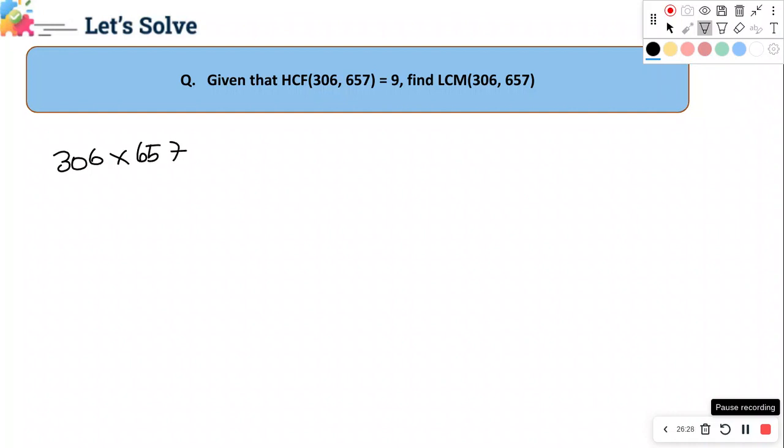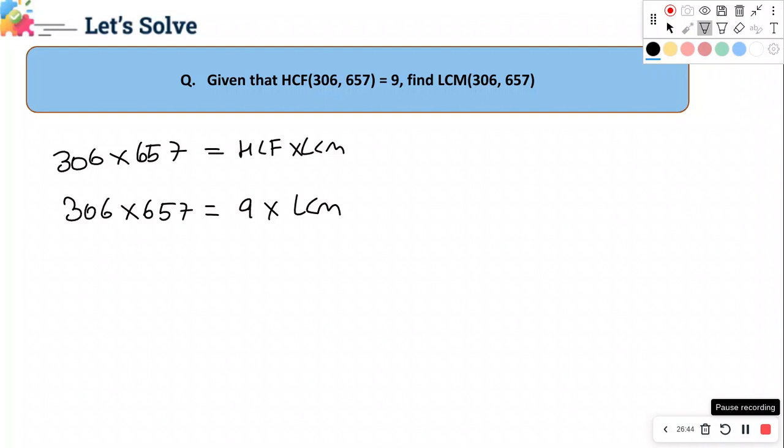So we know that 306 into 657 will be equals to HCF into LCM, right? So this means 306 into 657 is equals to 9 into LCM. HCF 9 है, LCM का हमको पता नहीं.